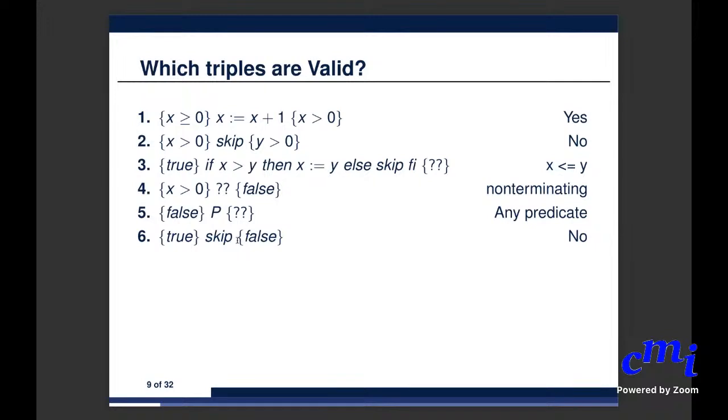But false cannot be satisfied by anything, and therefore, since skip is terminating, this can never be true. That is the correct answer. Similarly, if your post condition is so weak that you don't care, anything could satisfy it. It doesn't matter what your precondition is. That's what this states.